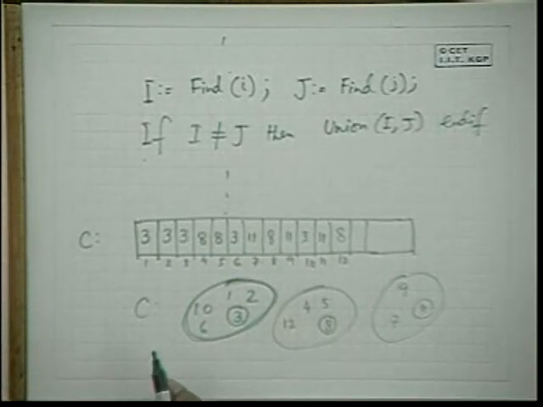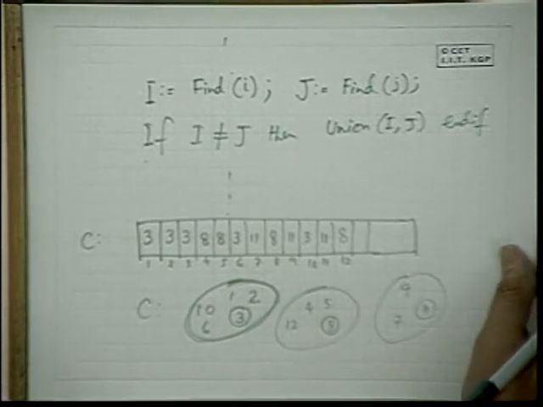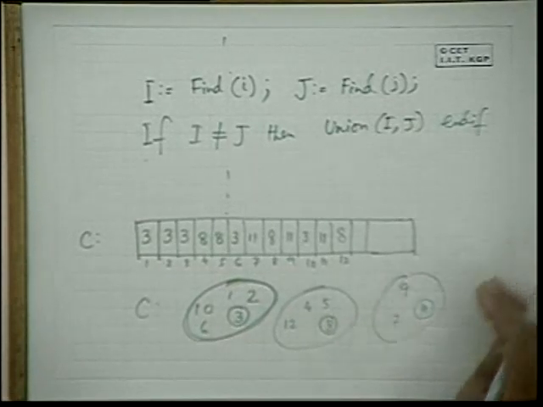So with this representation you can see how much time it takes to find. Suppose I want to know what is the set which contains the element i. It's a constant time. Immediately I can find it because I have to check what is the value of C of i. So find i is nothing but return Ci.